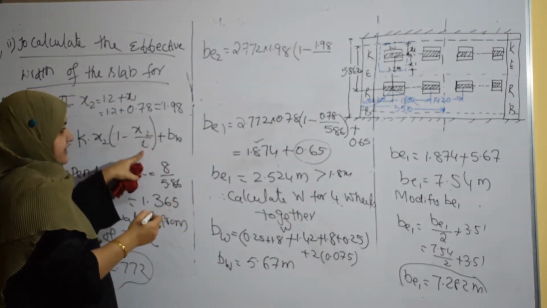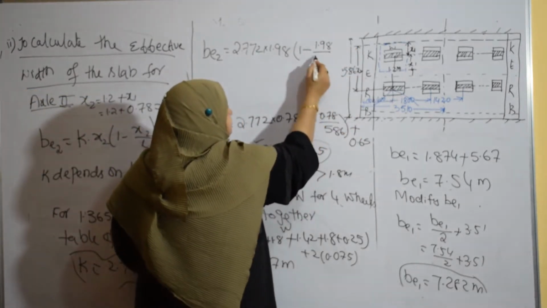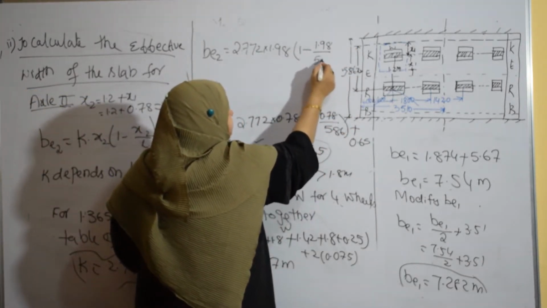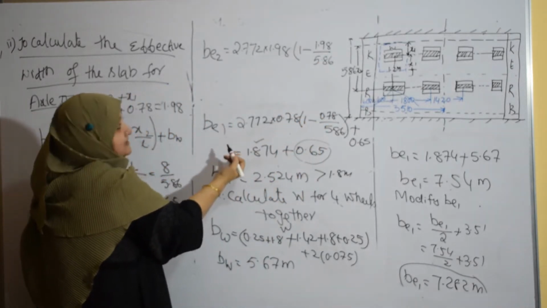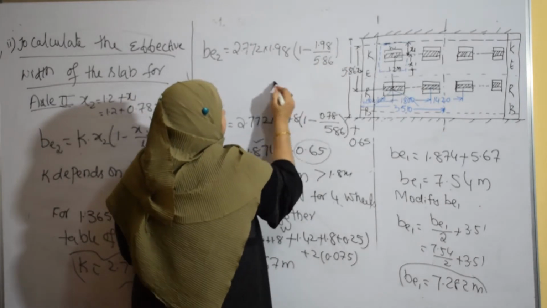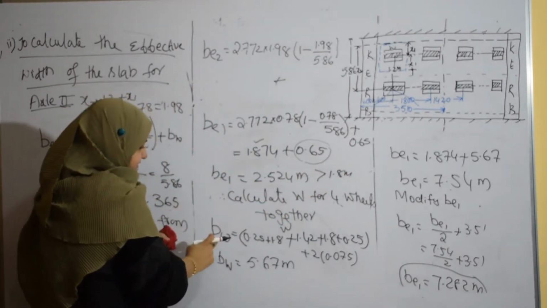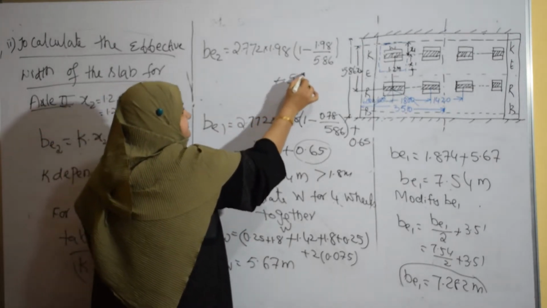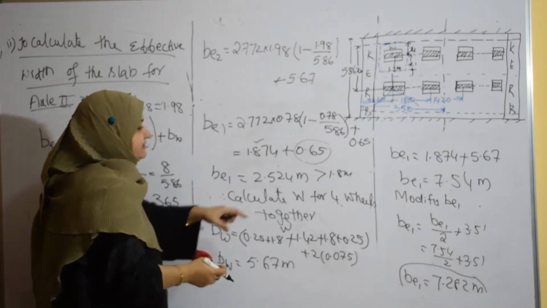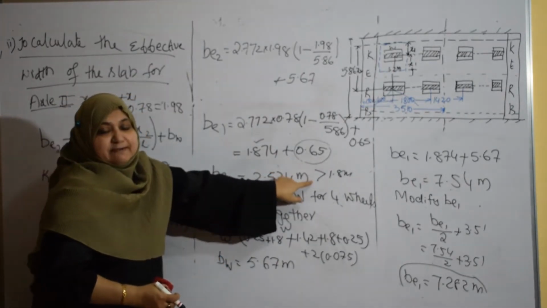x2 by L, where L is the effective span, that is 5.86. Same as it was for x1 for the first axial. Now I am doing it for this one. Plus, you need not do this 0.65 now. You can directly take the effective width, that is 5.67. Because if I take for a single tire, it is going to exceed the 1.8 meters distance.